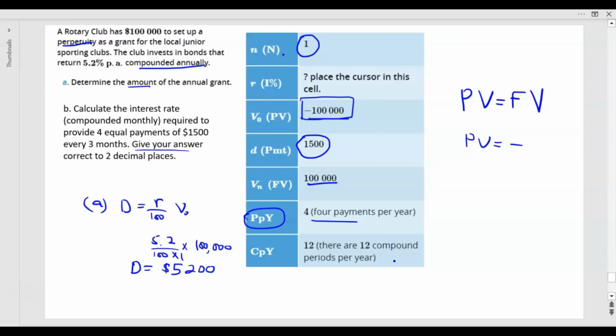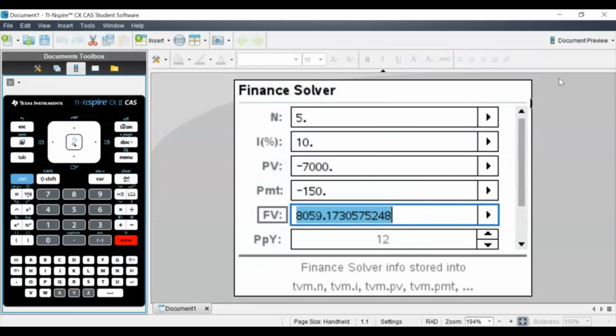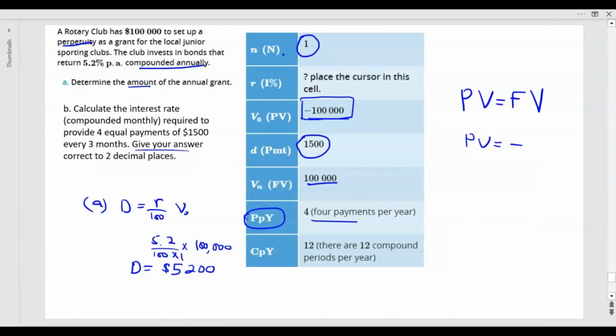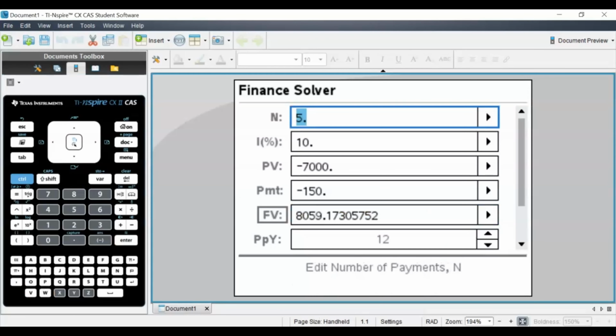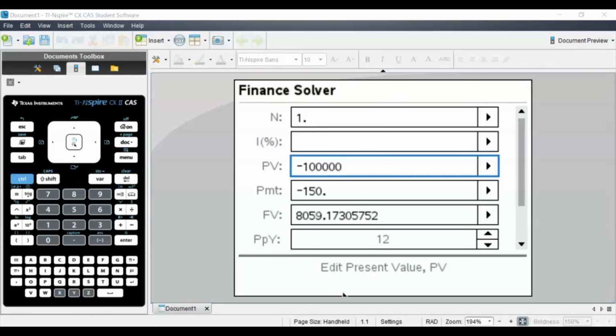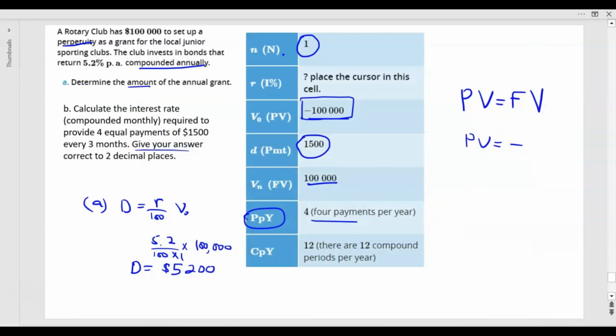So this is how you're supposed to do it. The amount that was invested was 100,000, so let's put down 1 for the payments per year. The 100,000 that was invested goes in, and the return we're getting from this 100,000 is 5,200.